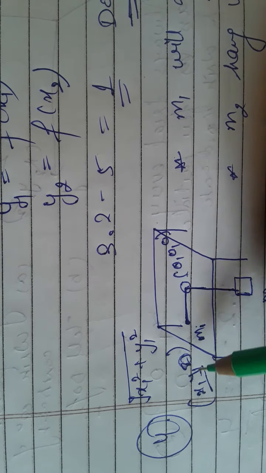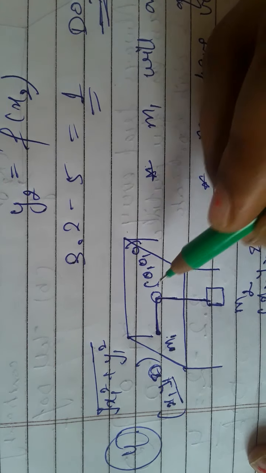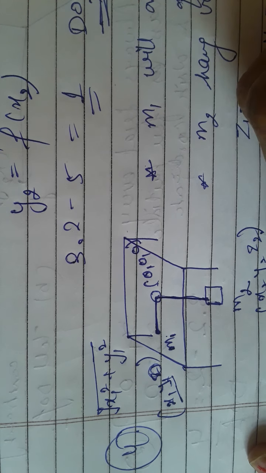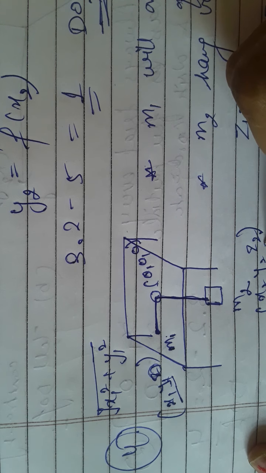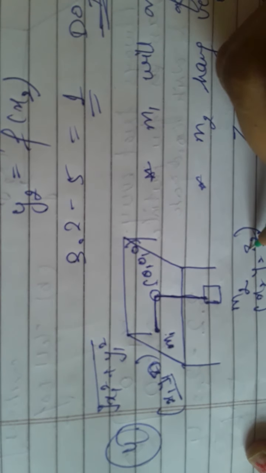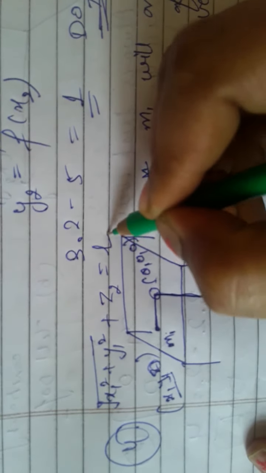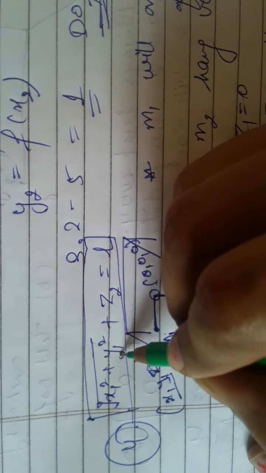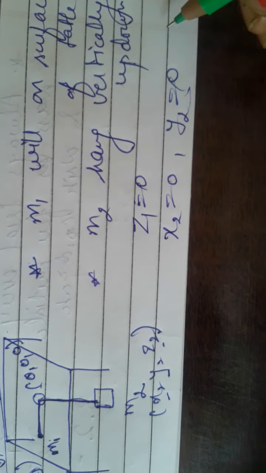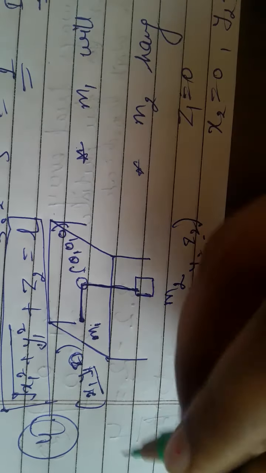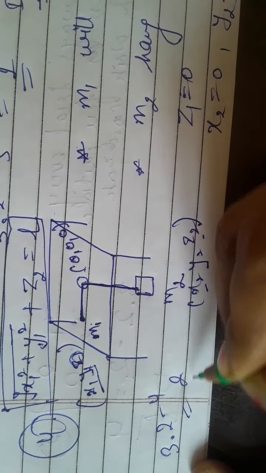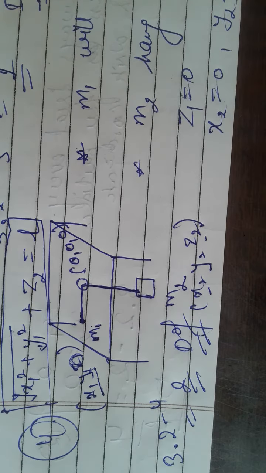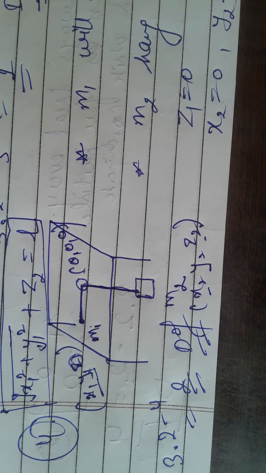And from here also this length: here x2, y2 are 0, z2 is only here. So square root of (0 minus z2) whole square, that is z2, plus the first length is equal to some constant, say L. This is also your equation of constraint. So 1 and 3 here, 4 equations of constraint are here. So 3 into 2 minus 4 is 2 degrees of freedom for this system.